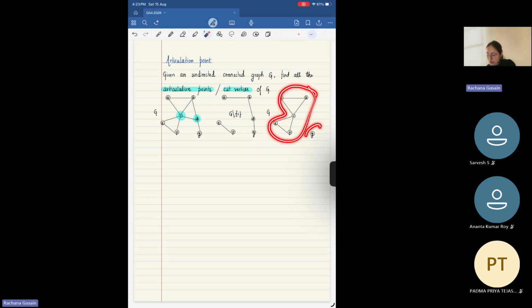One is this, the other is just G. So D is also a cut vertex.